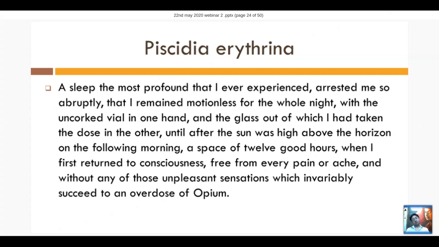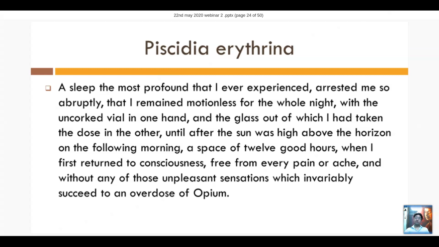If undisturbed, he sleeps for hours together, and moreover, he sleeps while working. Right? Who will sleep while working? Even while driving a four-wheeler we may sleep because of the comfort, the AC is working, we feel relaxed. But he falls asleep while driving a two-wheeler. So profound is the sleep.